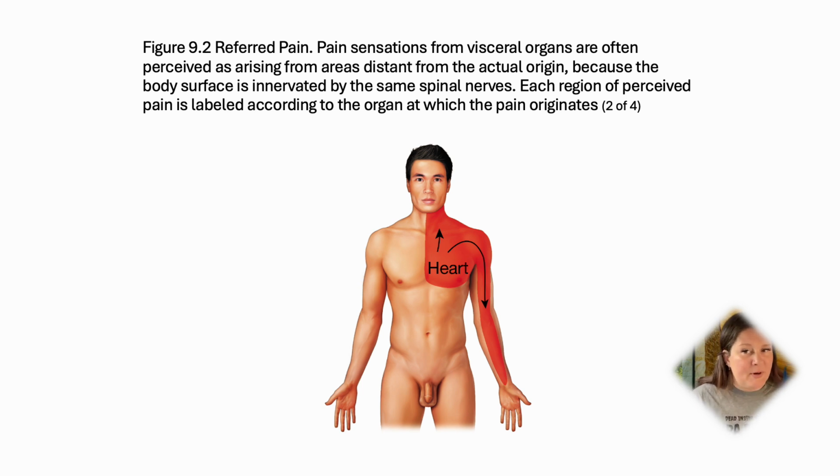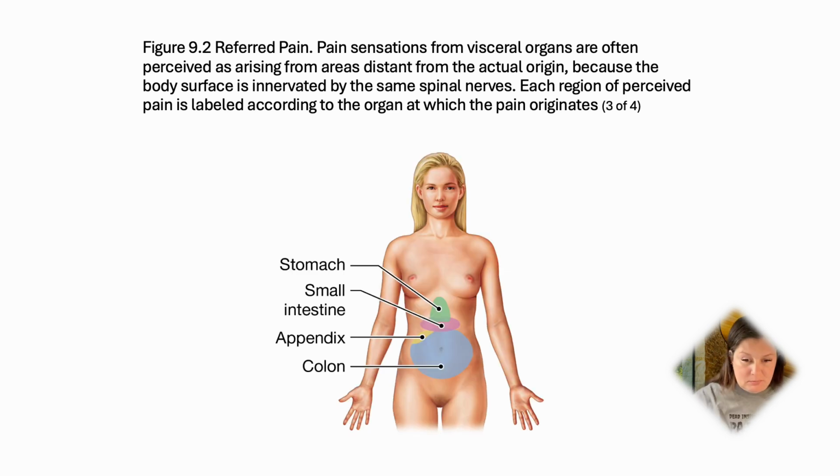So, if I'm experiencing pain in these areas and I haven't had any trauma, and there's no reason that I would have pain in these areas, I may be able to deduce that perhaps this is actually a heart problem. So, understanding how referred pain is typically connected to our different visceral organs is very important in trying to identify your differential diagnosis and therefore your treatment for your patient.